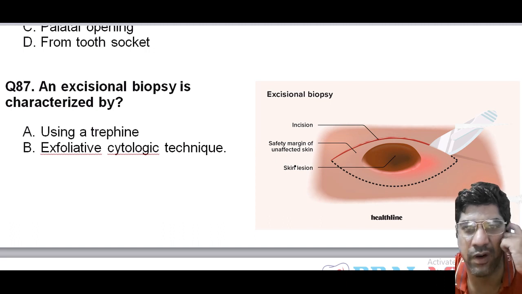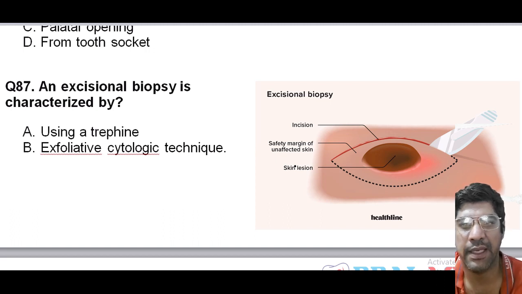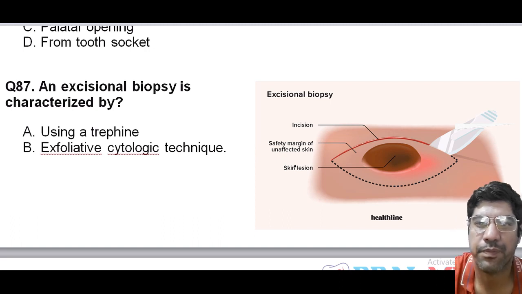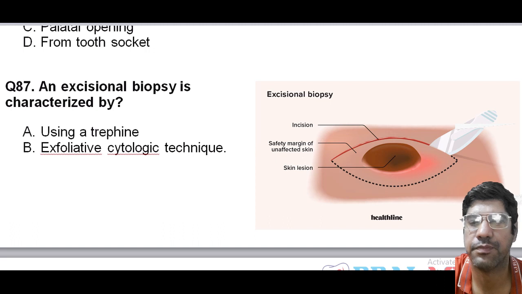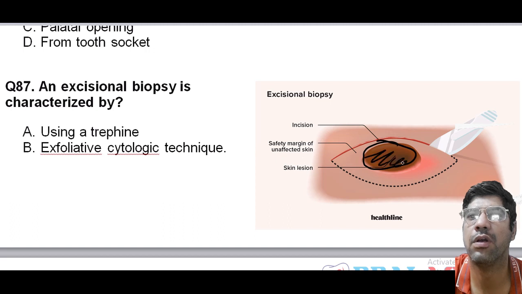That is done for smaller lesions that appear to be benign. So in excisional biopsy, we remove the entire lesion along with the margin of the normal tissue.